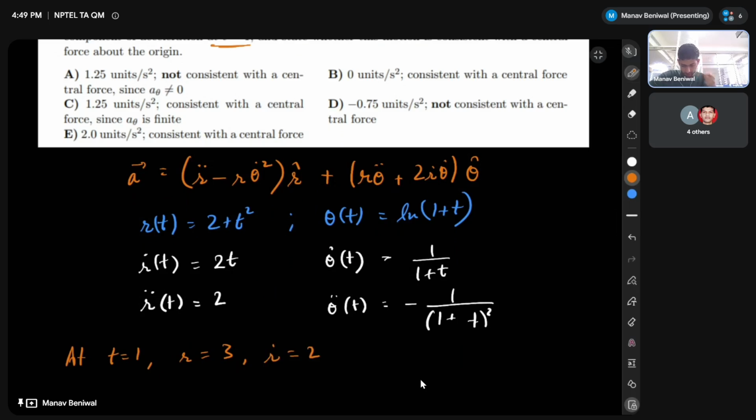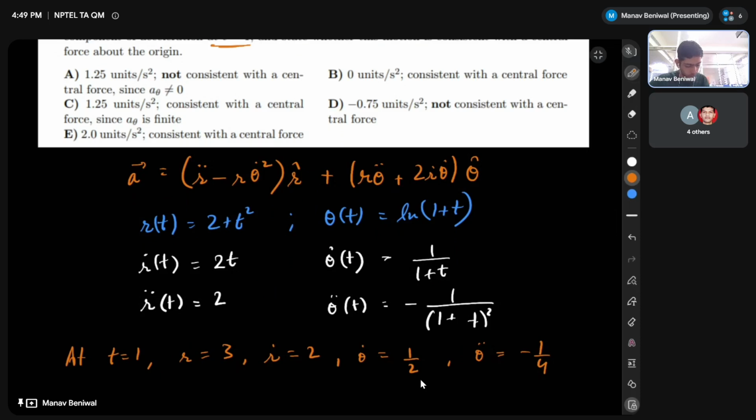Theta dot is 1 by 2. And theta double dot is minus 1 by 4.